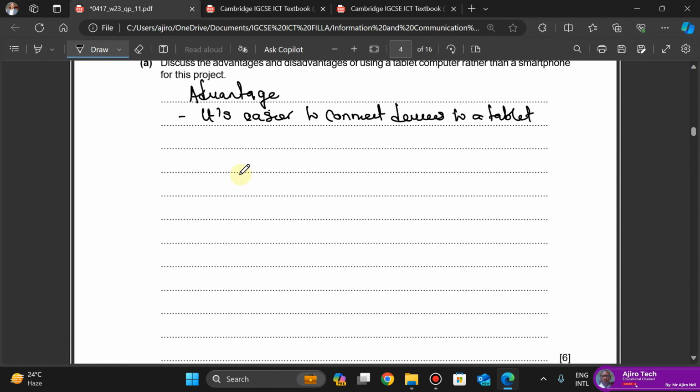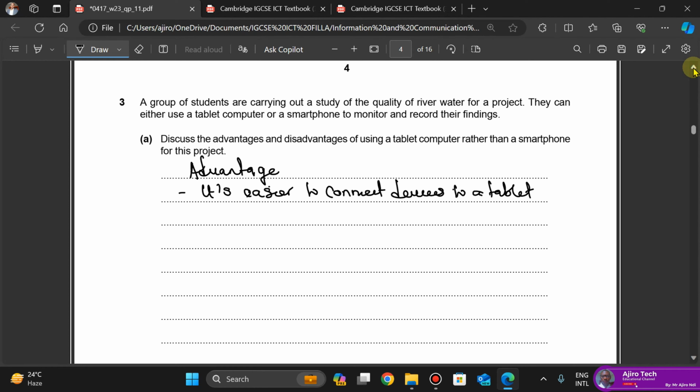Okay, because remember this is a project that is being carried out. It's a project to record their findings, and because of that they have a larger screen. So larger screen to record your findings.